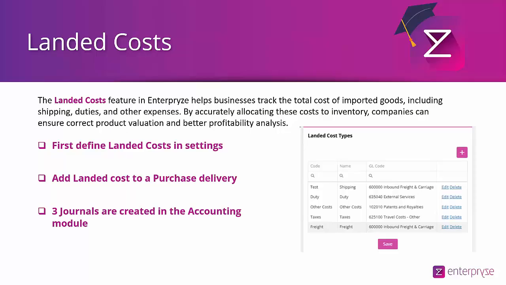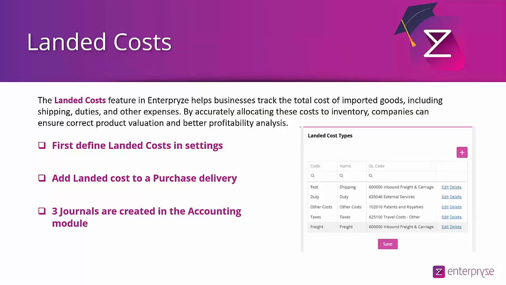Ultimately, three key journals are created in the accounting module. The purpose of the first two is to move the landed cost amount, because you've already created the journal entry for the delivery. As I mentioned on the slide about the delivery, the goods receipt will have affected your goods not yet invoiced account, and of course your stock account.